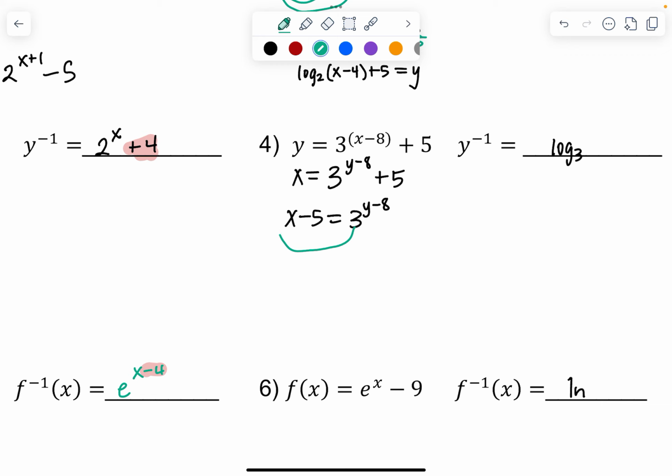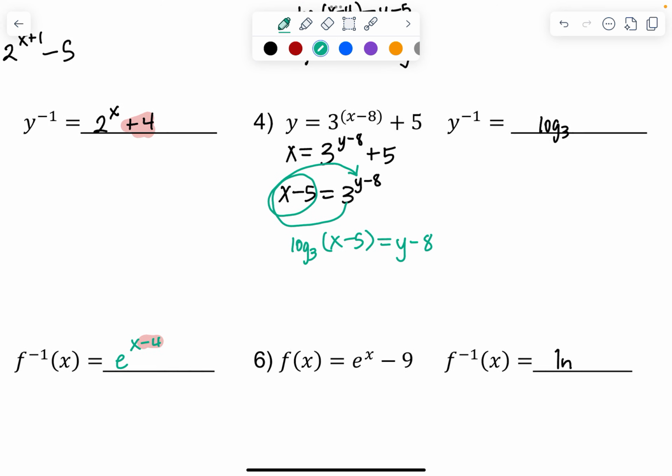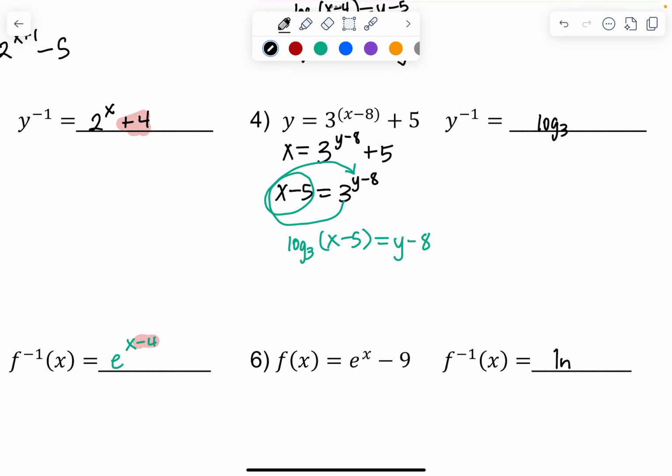Log base 3 of x minus 5 equals y minus 8. Last step, add 8 to both sides. Don't put it inside the log.